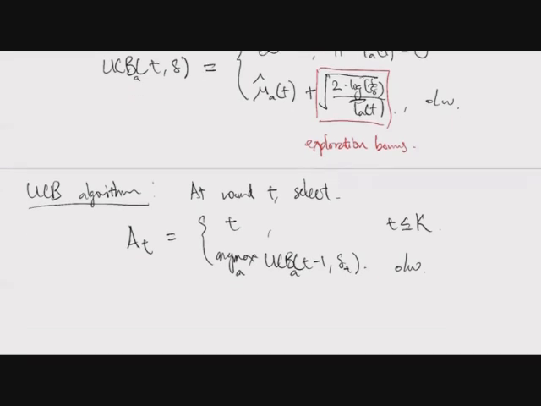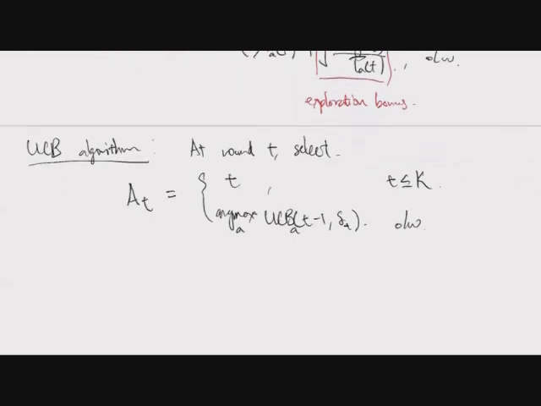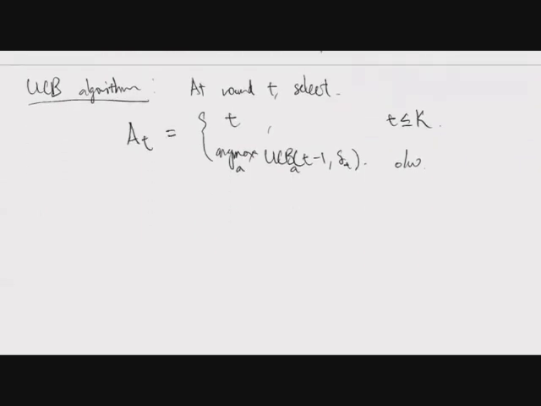So the bonus should be based upon confidence intervals, or the length of confidence intervals. Okay, so now let's do some revision of the content that we learned in the lecture on concentration inequalities.